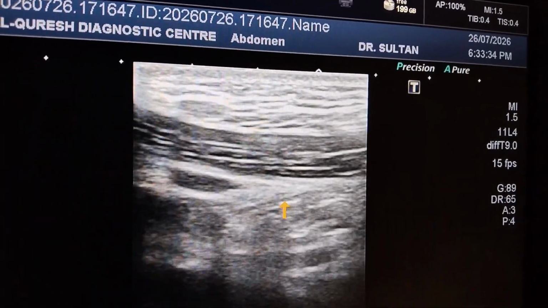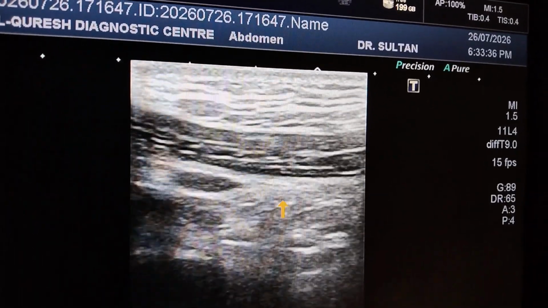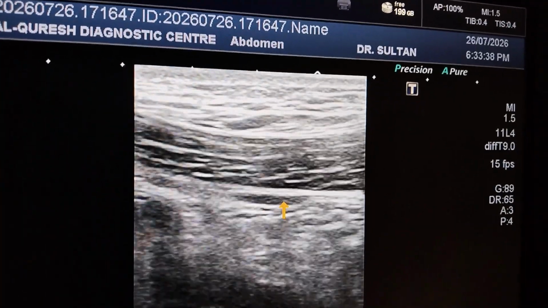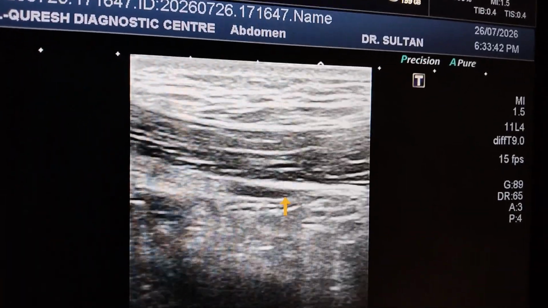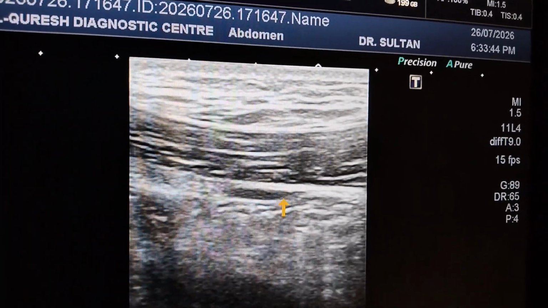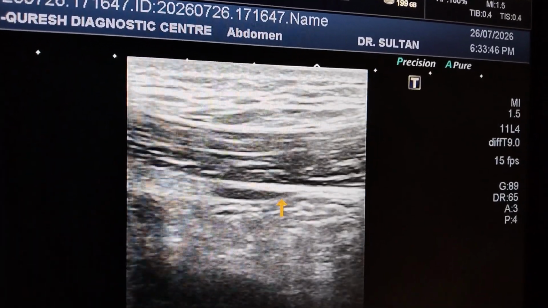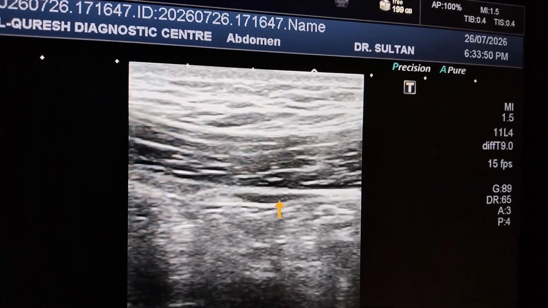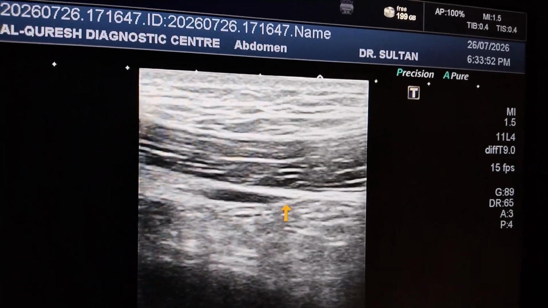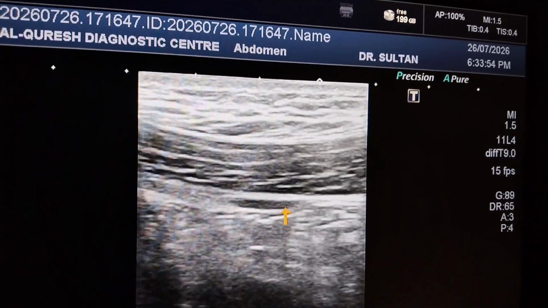After birth, this urachus, the connection between the umbilicus and the urinary bladder, obliterates. It becomes fibrous, and this fibrous structure is called the median umbilical ligament.